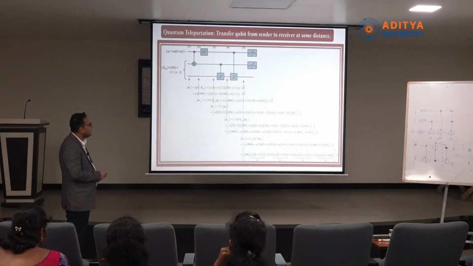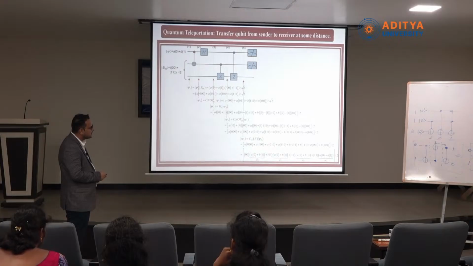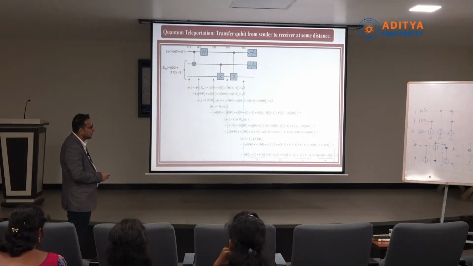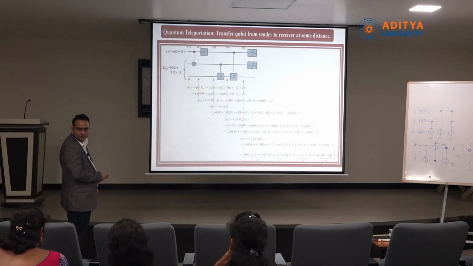Now with this psi 3, CNOT is applied, so always look for second and third. The first qubit remains the same: 0 plus 1, 0 plus 1, 0 minus 1, 0 minus 1. Only check the last two qubits. Here the second one is 0, leave it. This is 1, so because of this 1, the second would be flipped. Yes or no?